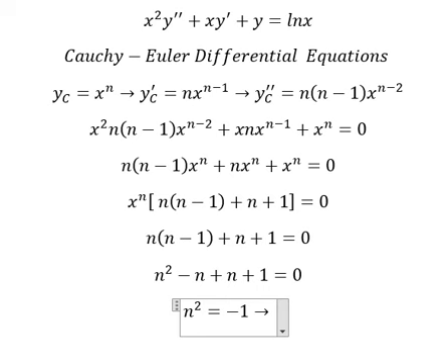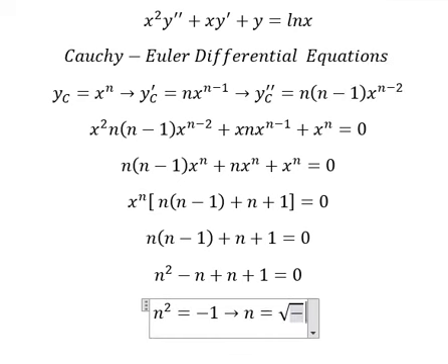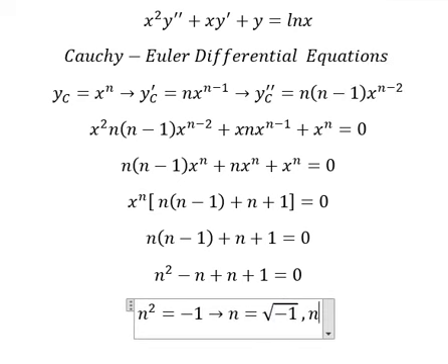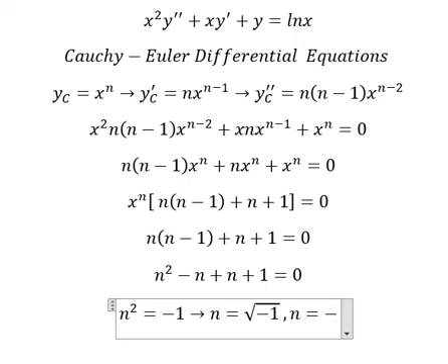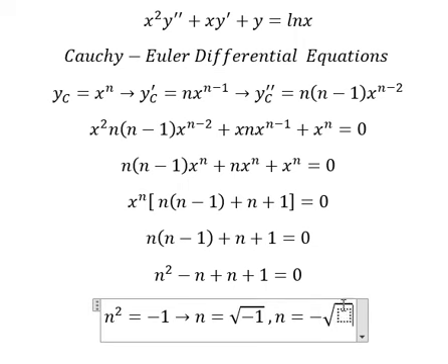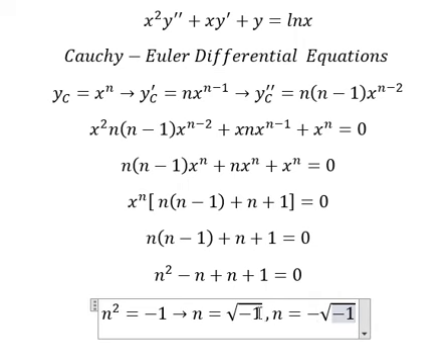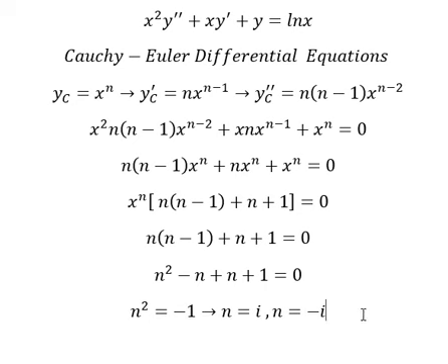And this one we got n equals the square root of negative 1, and n equals negative the square root of negative 1. And this is i and negative i.